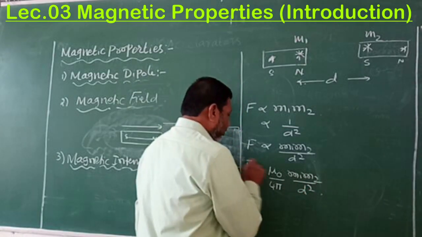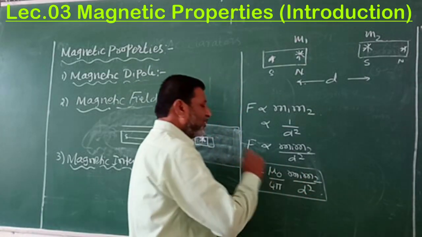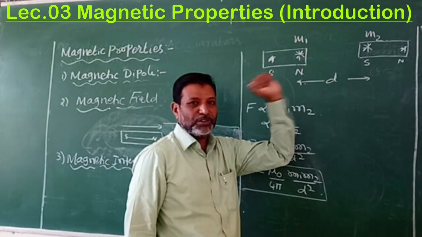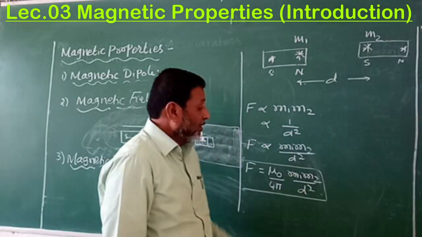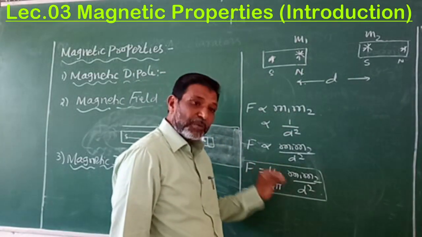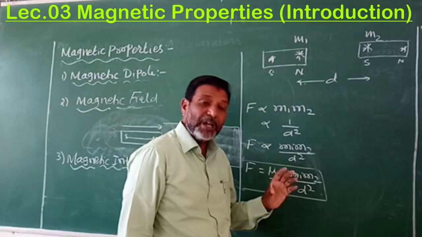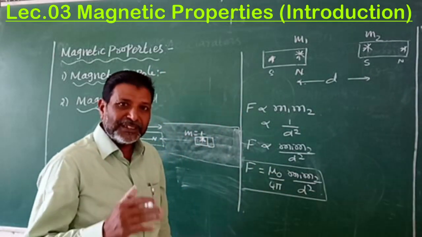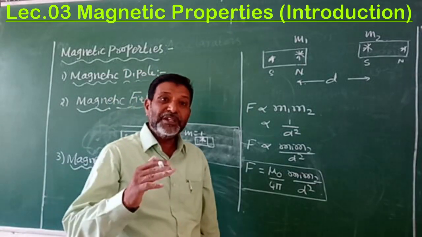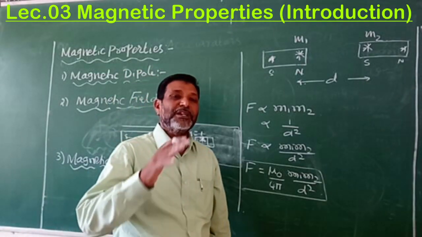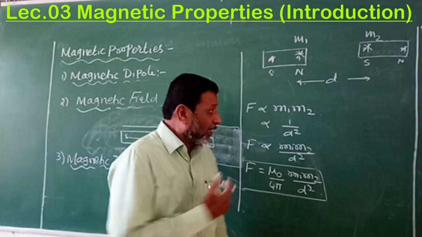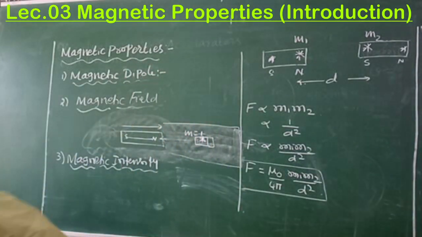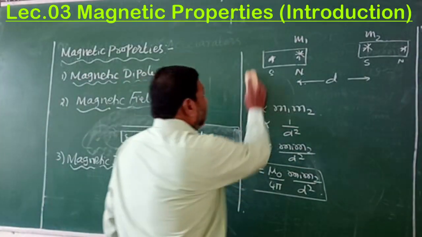By using this formula, you can find the force between the two poles. With the help of this formula, we can find the magnetic intensity at any point due to a magnetic pole. Let us see what that formula is and how we get it.